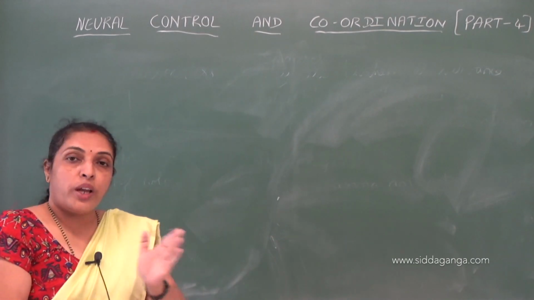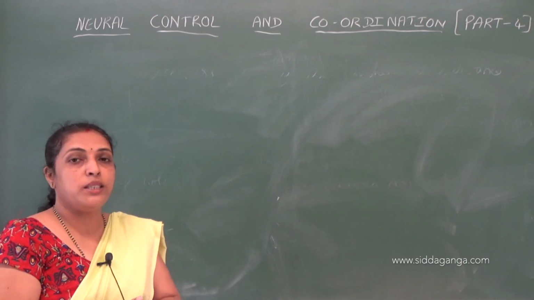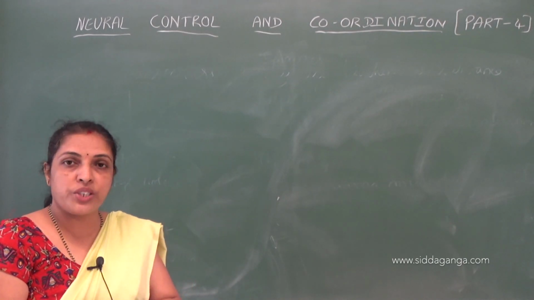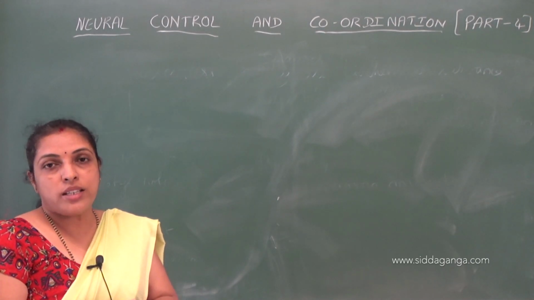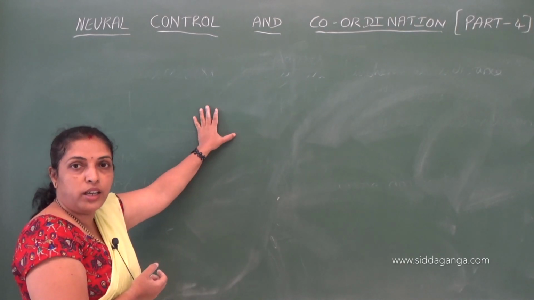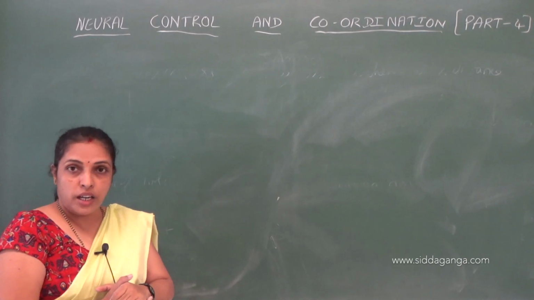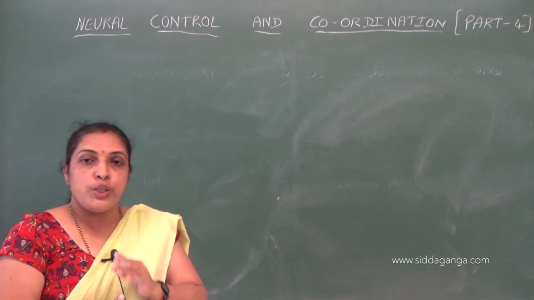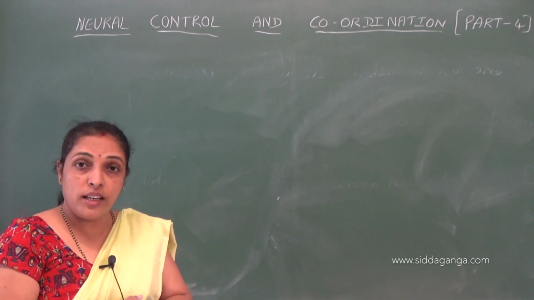Next, there are two types of synapses, chemical synapses and electrical synapses. In chemical synapses we have presynaptic membrane seen in the axon and postsynaptic membrane seen in the dendron. Between these two we see a gap called synaptic cleft where neurotransmitters are released.